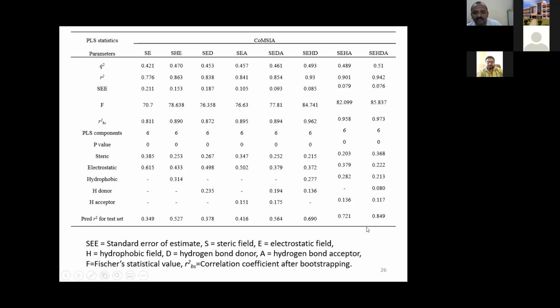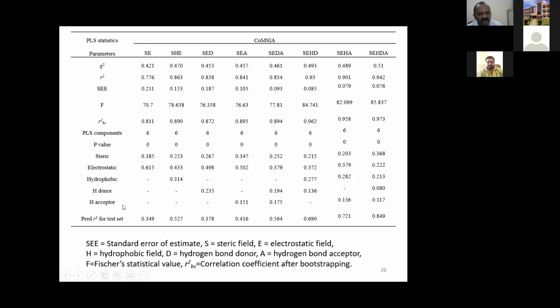And we say that this is a better model. So amongst all these models, okay, we have selected this model based on these figures. You can see that. Okay, so this is the best model for this 3D QSAR, like that.